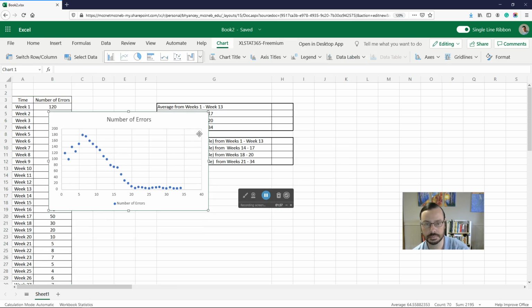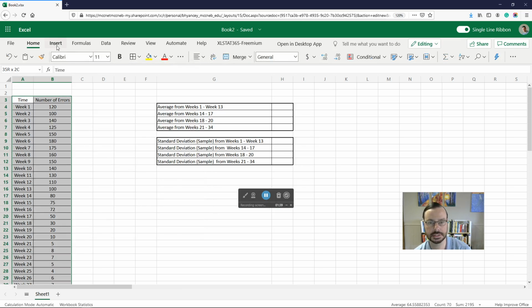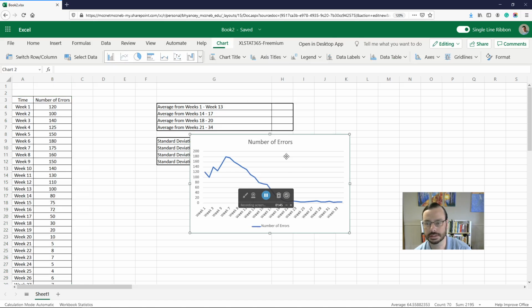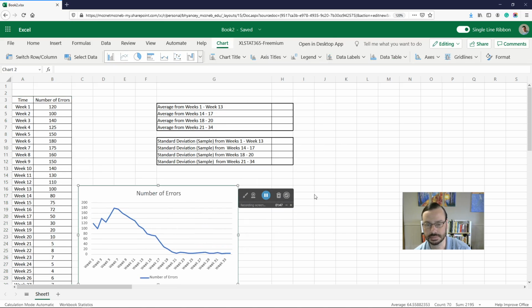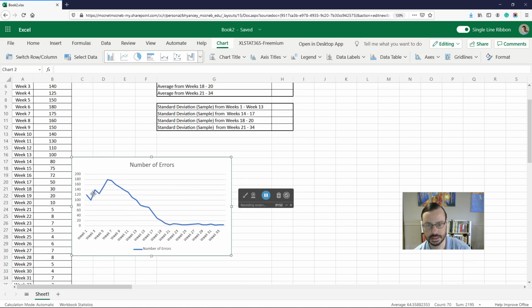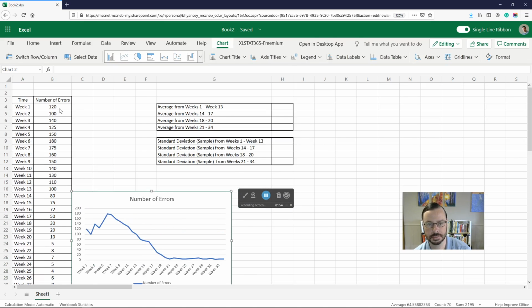That's helpful. But for our purposes, I'd really like you to use a line chart. So you go to insert, line, displays data over time. And here we get a nice little line chart showing our number of errors over 34 weeks.